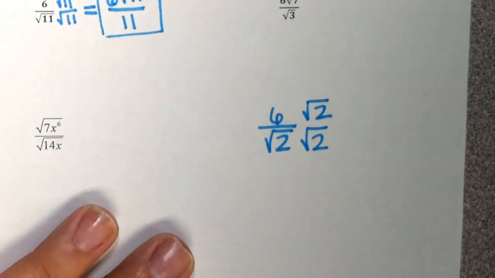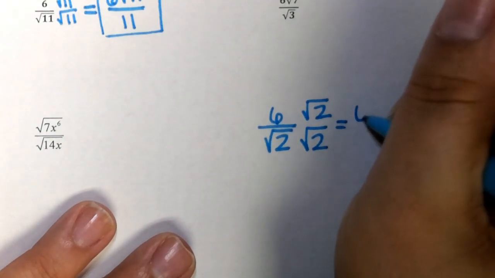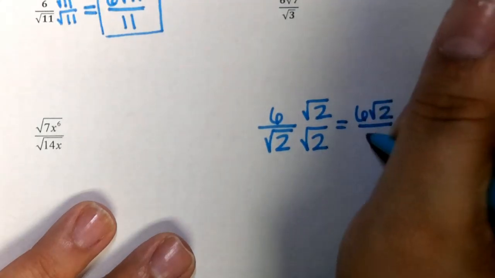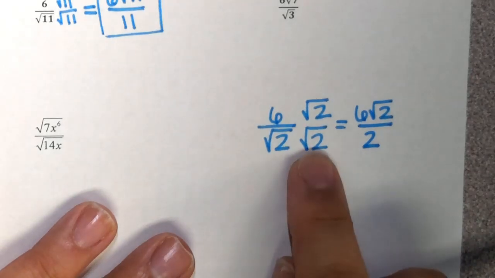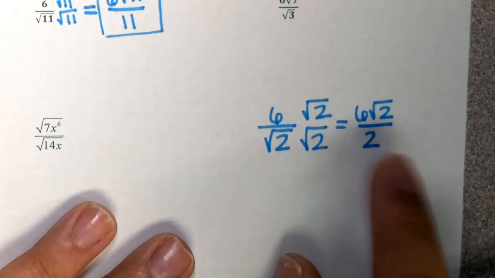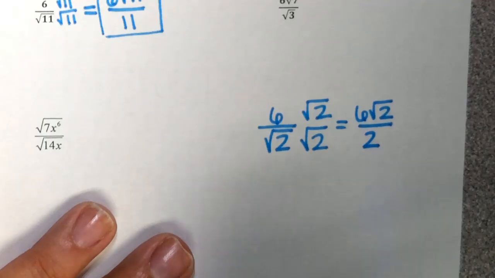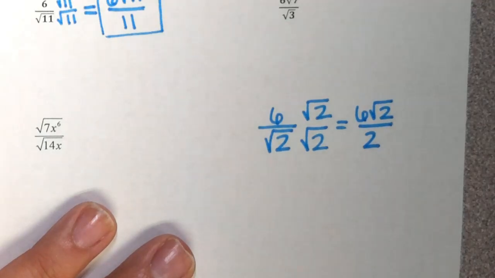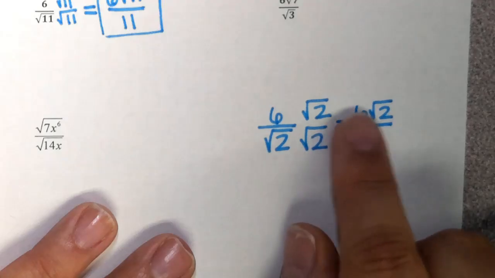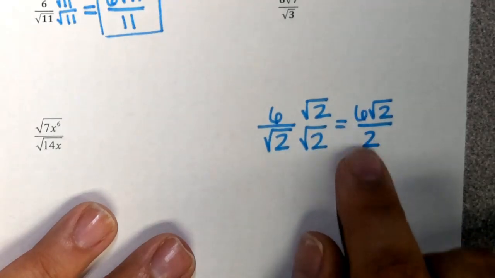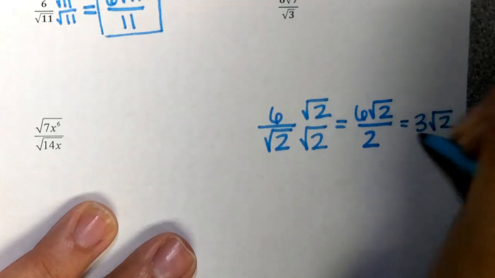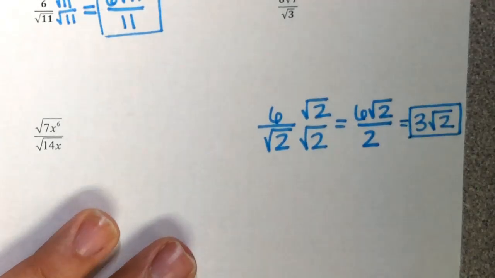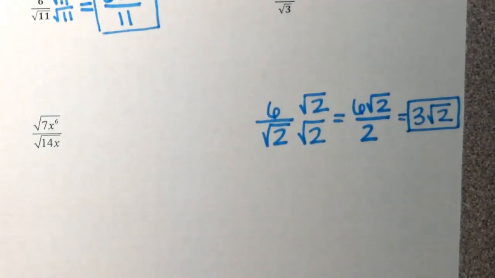What is that going to give me? Over 2. The top becomes 6 square root of 2. The bottom, 2 times 2 is? The square root of 4 is? 2. However, we're not done. Y'all, what is 6 divided by 2? So this answer is 3 square root of 2. And we no longer have radicals in the denominator.